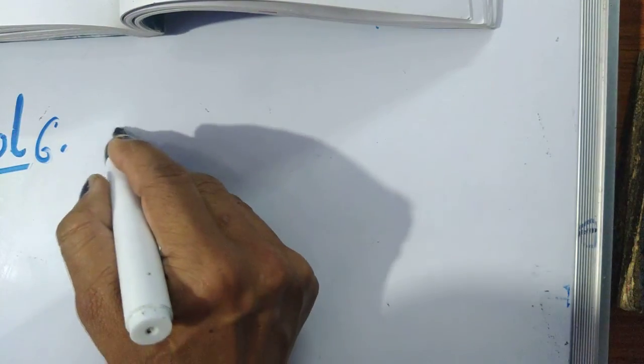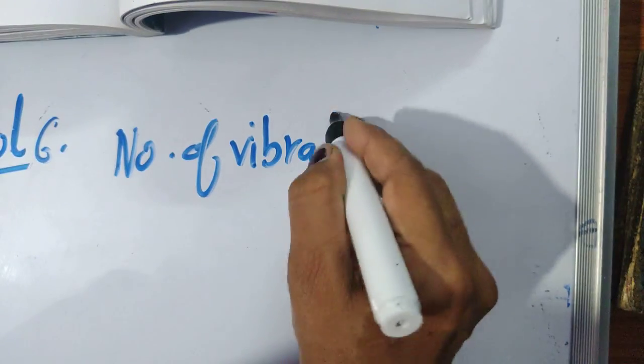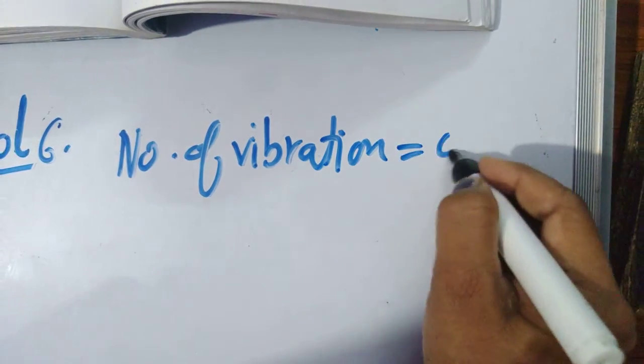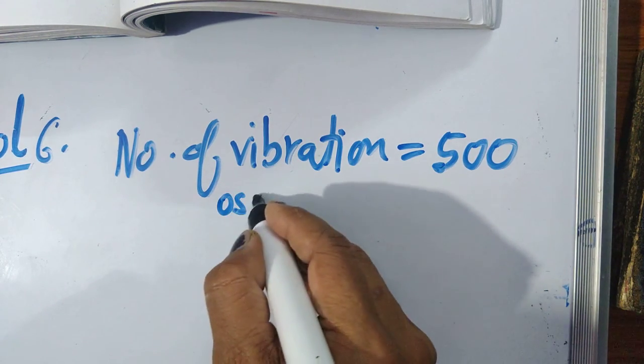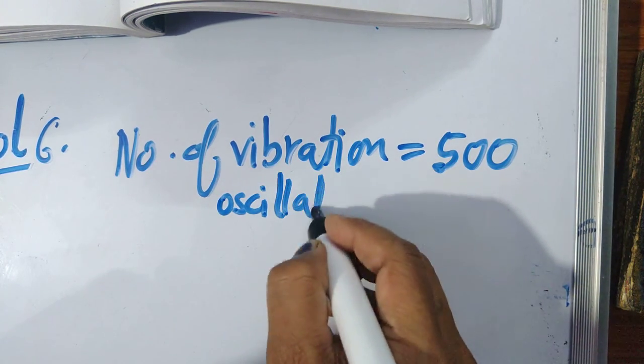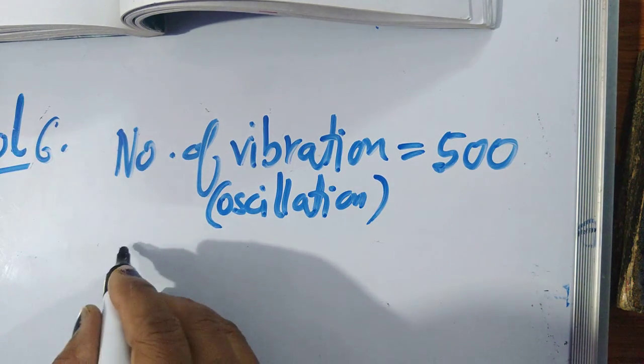So the number of vibrations is actually the number of oscillations. So the information given for question number 6: first of all we should write that the number of vibrations is given, and that is equal to 500. This number of vibrations is actually the number of oscillations. Got it. Now we will have to find the time period.